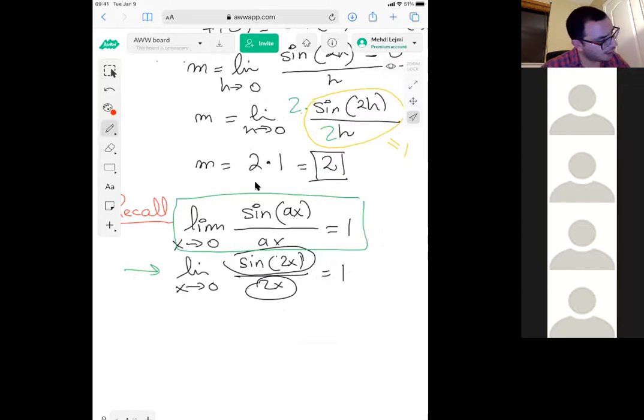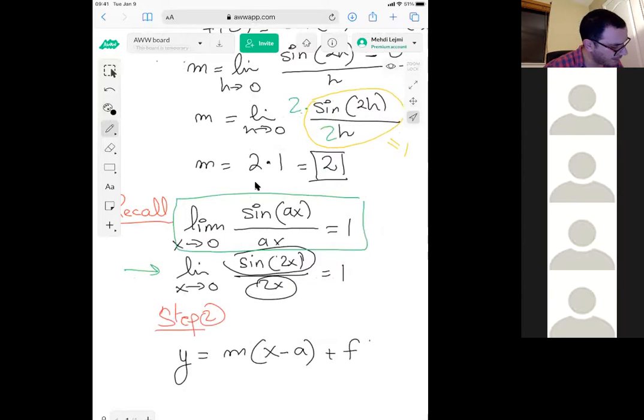All right, so now in step number 2, you have the equation of your tangent line. That will be, again, y equals m times x minus a, plus f of a. f of x is sine of 2x, and a is equal to 0.